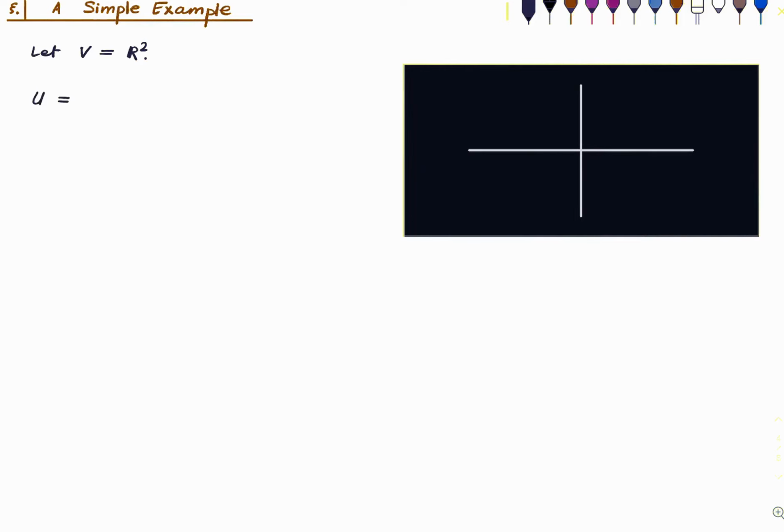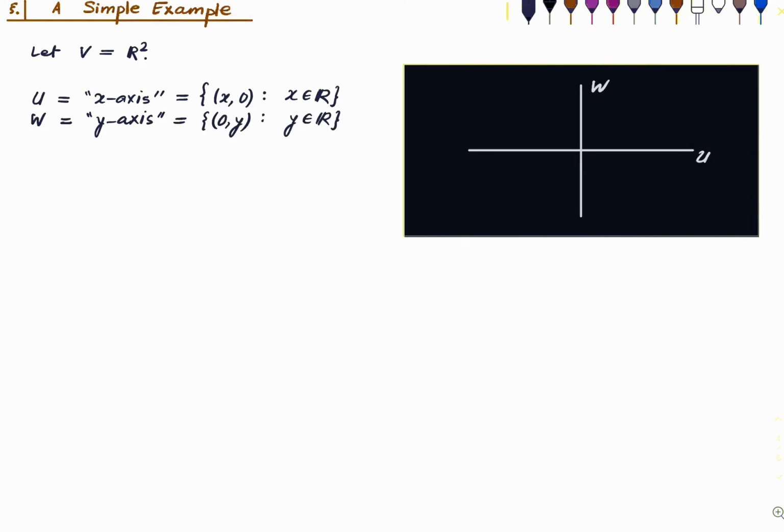So U is the x-axis, which means all these points. So this is U, and W is the y-axis. So this is W, and clearly R2 is the direct sum of U and W.